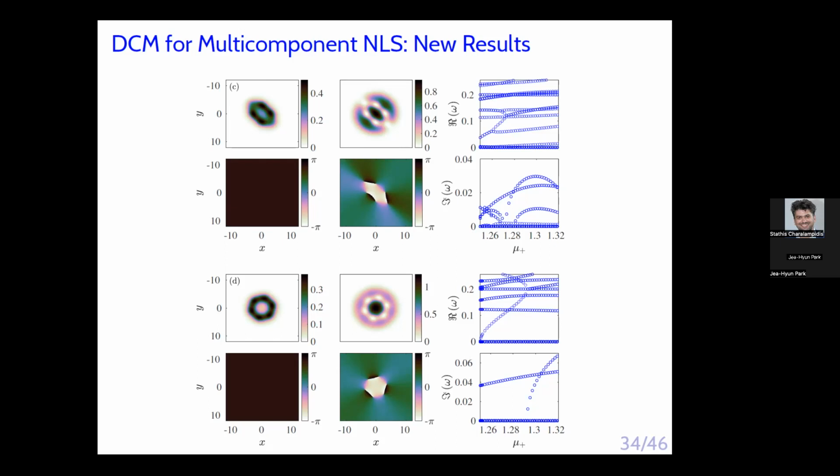If you generalize this picture to 2D, one component is going to be the vortex, so you see some phase information there, but the other component is a bright structure, so you see no interesting phase information.